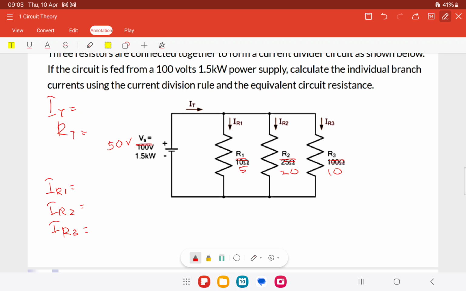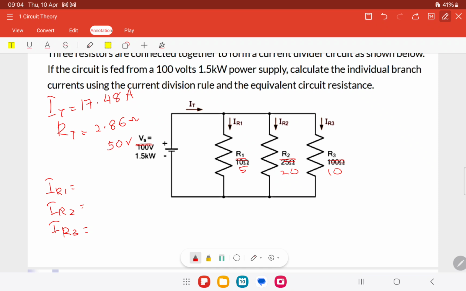Okay, so what is I total? R total first. Okay, R total is 2.86 ohm. I total? 17.48 ampere. Okay.